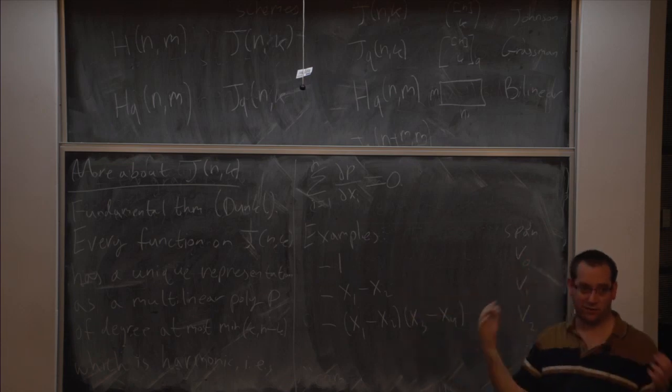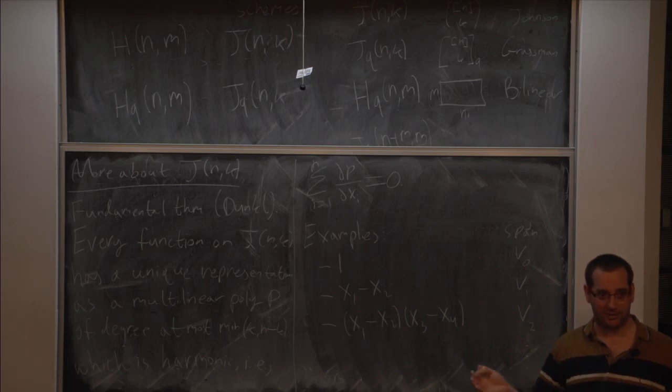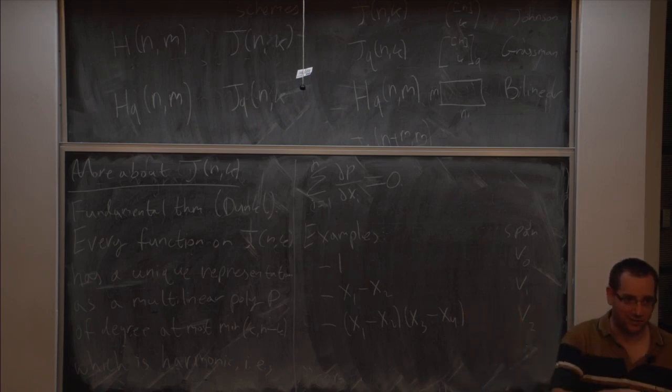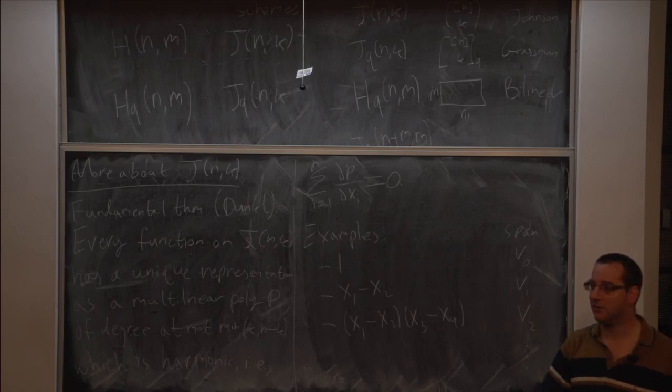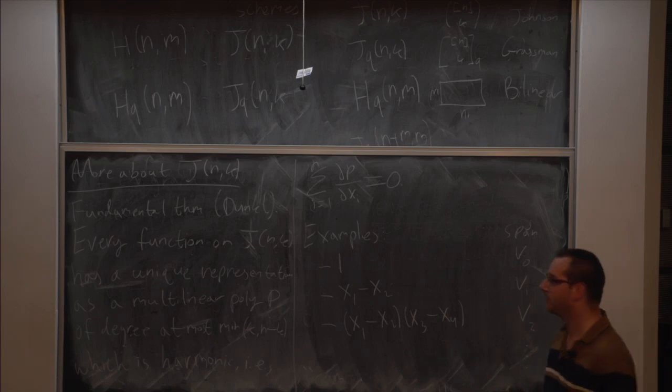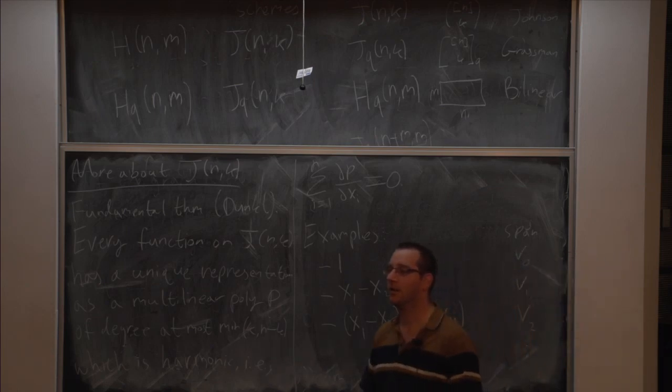And if you want an actual orthogonal basis, you have to do something. There's the general theory of Grassmann and Zetlin, a new approach to the representation theory of Sn. Using this, you can read off an explicit orthogonal basis for the scheme if you really want to, but it's not that useful.